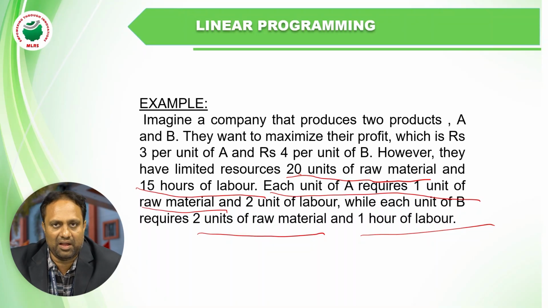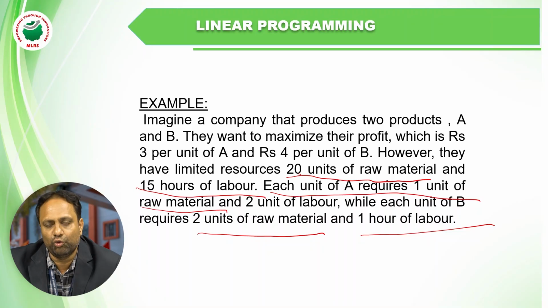So in a nutshell, I will discuss this problem once again to have a very clear understanding of it. See here, a company, some XYZ company, is producing two types of products, namely A and B. By producing product A they want to sell it for ₹3, and by producing product B they want to sell it for ₹4.